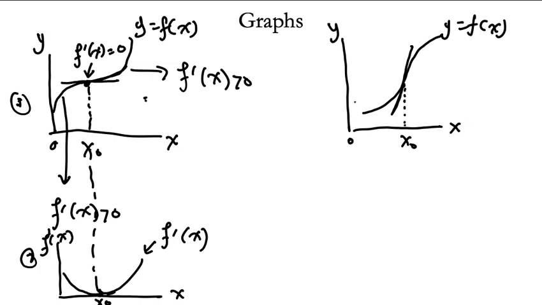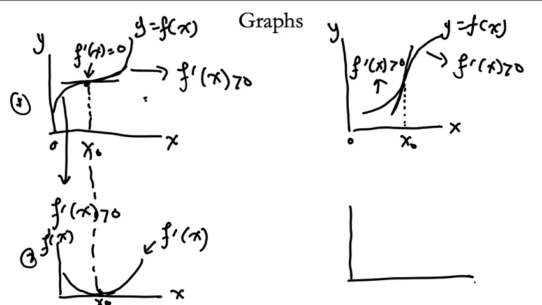Now, you can see here the slope, although it's not the same, f prime x is still positive. Here, after x naught, f prime x is still positive. But if we try to draw the marginal curve, or the slope curve, in the graph underneath, this is the third, this is the fourth.